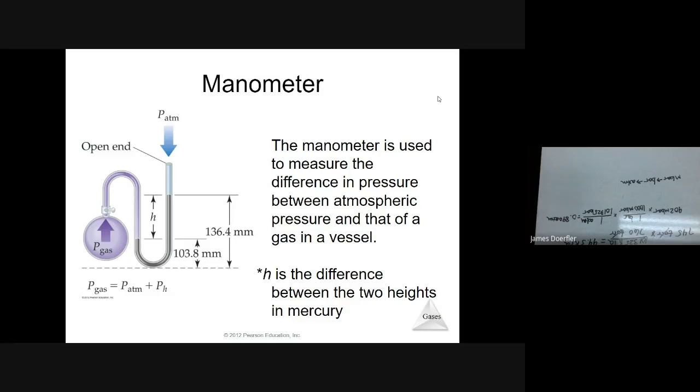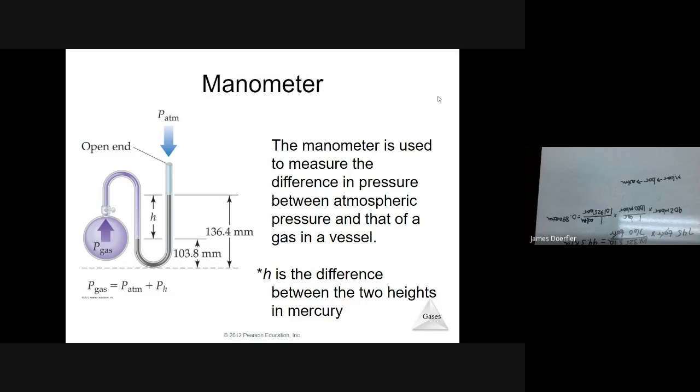Since it's open, it allows atmospheric pressure, the pressure of the atmosphere, to influence the level of mercury. I added a little note here because there's a letter H. In order to calculate the pressure of the gas in this vessel, we have to look at the atmospheric pressure plus the height, or the H, that is here.